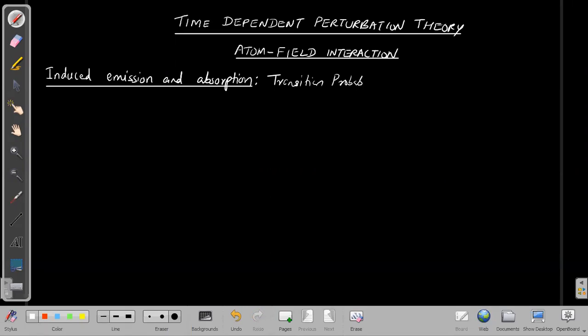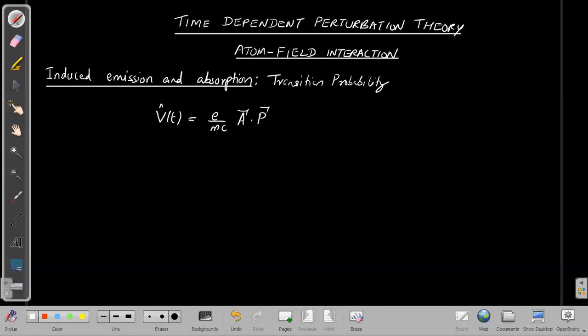First of all, in quantum theory, what is the expression for the atom field interaction Hamiltonian? We discussed in the last lecture that the atom field interaction Hamiltonian is basically e by mc, A dot p.